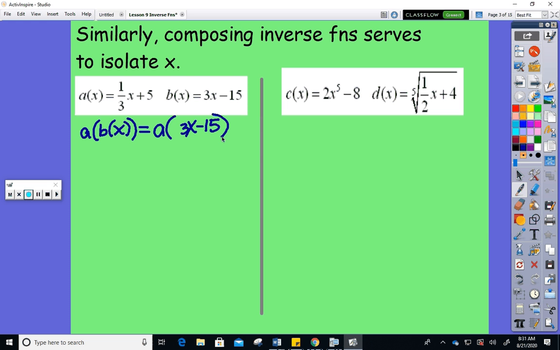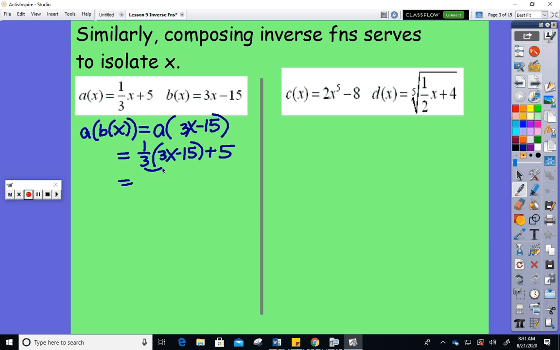Second, show me what it looks like to insert or to set up the equation when I take 3x minus 15 into a of x. Well, a of x takes any input, multiplies the input by 1/3, and adds 5.